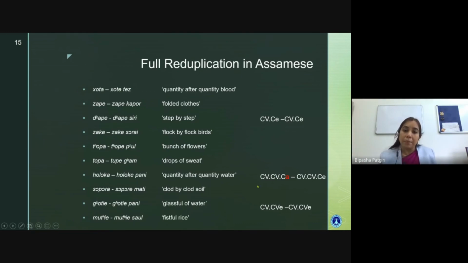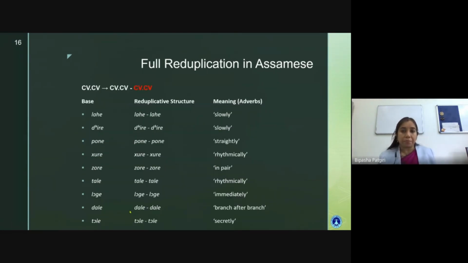So these are certain patterns. Here you can also see a trisyllabic structure, CV, and then A, and in this reduplicant you can see at the end there is an A. And in these two cases you can see at the end there are diphthongs, which are retained because they are part of the base structure.